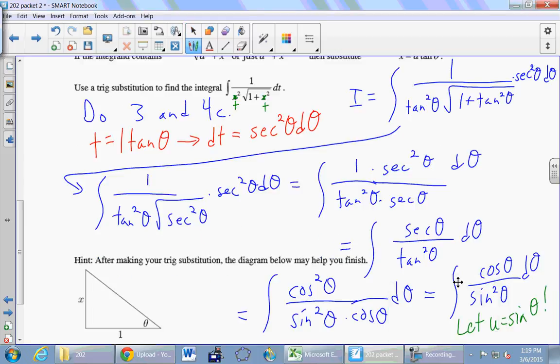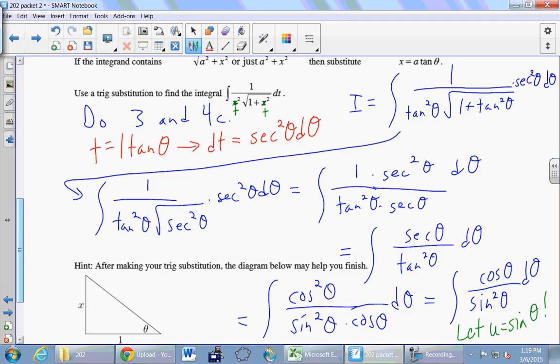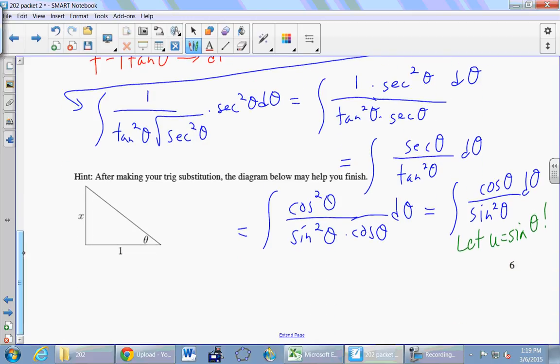Okay, so let's just talk about this last problem and then we'll move on. So I think most groups had gotten to a place where after we do our substitution, we get to this guy, the integral of secant over tan squared. And for me, my default when I have all kinds of trig functions is to change them to sines and cosines, and maybe I can get them talking to each other if I do that.